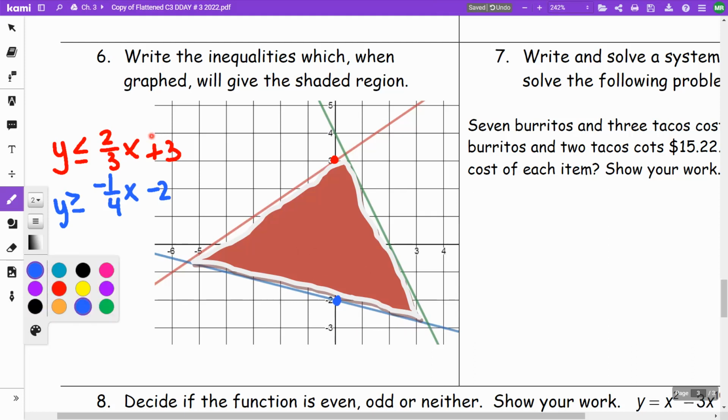And then for my green one, my y-intercept's a 4. I'm going down 2 over 1, so that's going to be a negative 2x plus 4, and I'm shading below, so this is going to be y is less than or equal to. And that is my system.